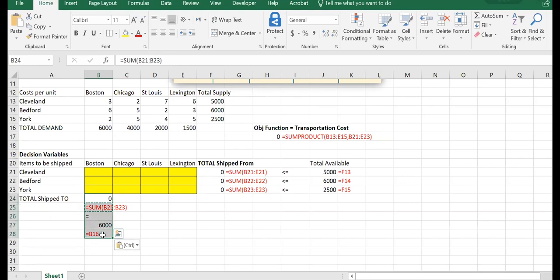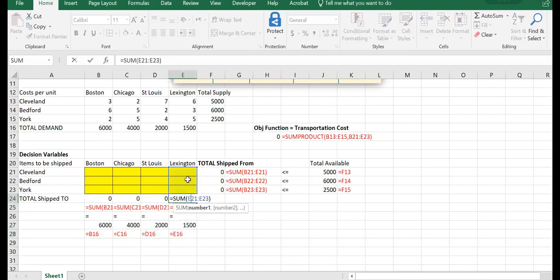And if we just drag it to the right, it's going to adjust it for other cities. So for Lexington, we have the total amount shipped to Lexington to be exactly equal to 1,500, which is the total demand by this distribution center.